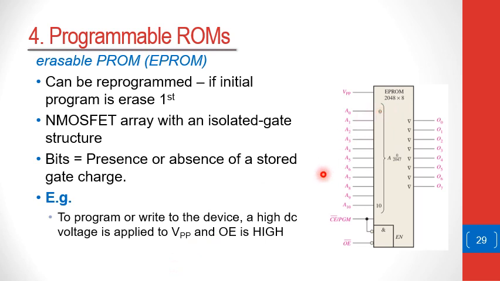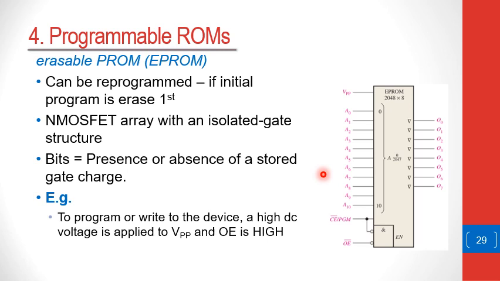So an EPROM can be reprogrammed. It uses an N-MOSFET array of transistors with isolated gate structures. The bits are represented by the absence or presence of a gate charge that has been stored in one of these MOSFETs.